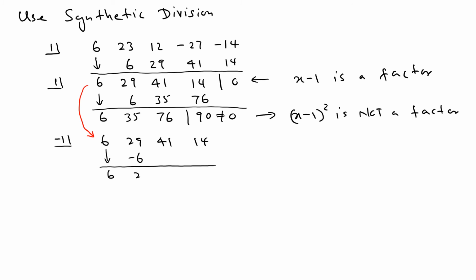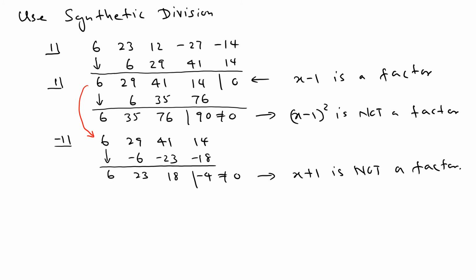Add, you get 23, and then multiply, -23, you get 18, multiply, you get -18, you get -4, which is not equal to 0. That means x plus 1 is not a factor. So it didn't work. So let's go to the next number.